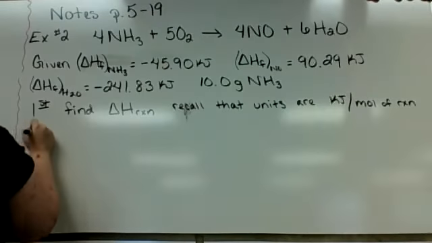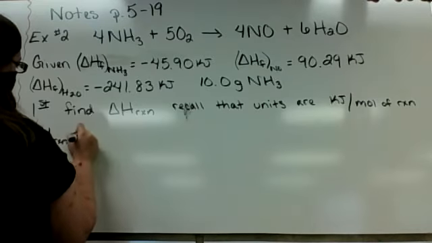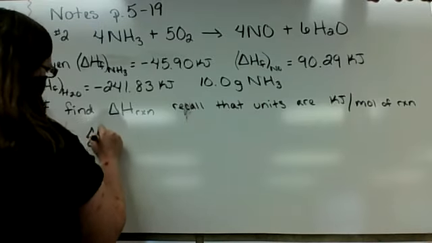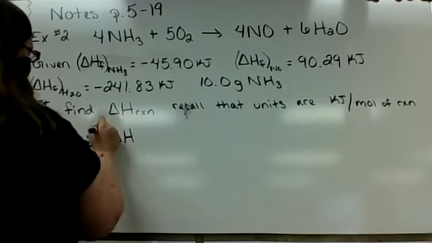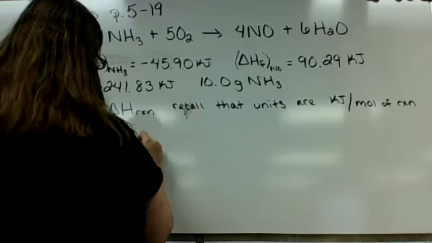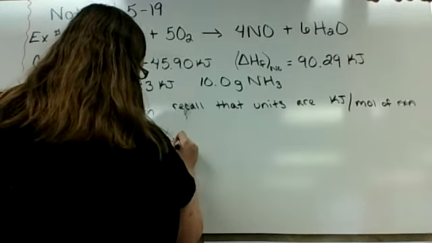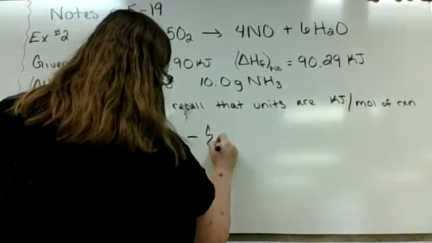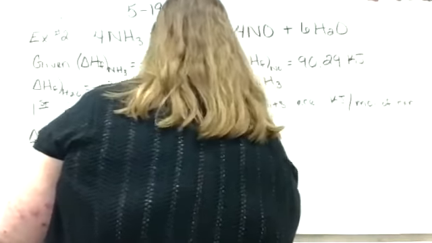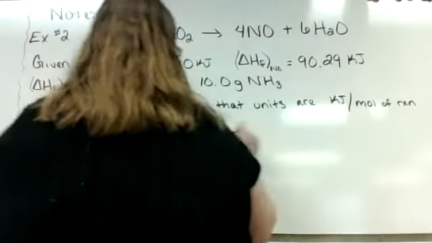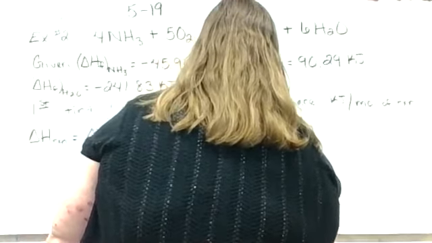So this is nothing but delta H reaction is the sum of n times delta HF of the products, minus the sum of n times delta HF, the enthalpy of formation, of the reactants.